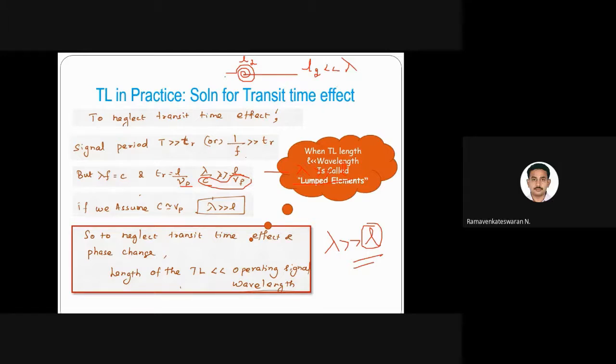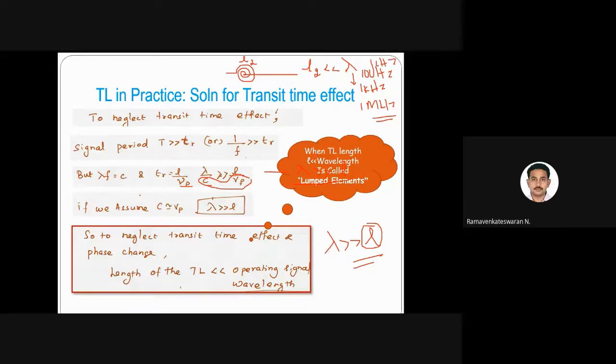What does that mean? If the operating wavelength is very high, it means the frequency is very low. It can be 1 kilohertz, or maybe 1 megahertz is also fine, or probably 100 hertz, 10 hertz. These are very low frequencies and very high wavelengths.